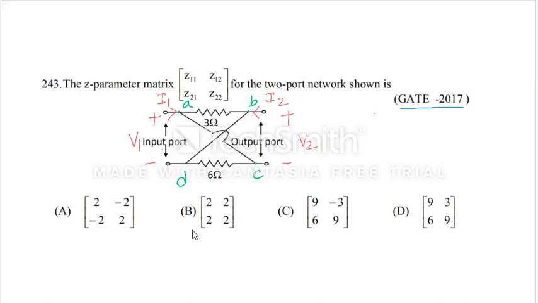Both node A and node C are the same. Similarly, between B and D there is no element, so this is also shorted. So I can redraw this network with A and C the same, and B and D the same.